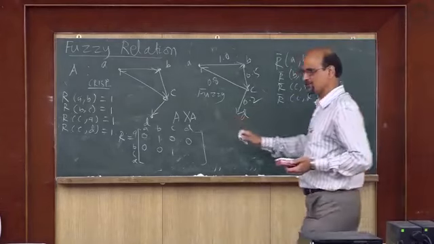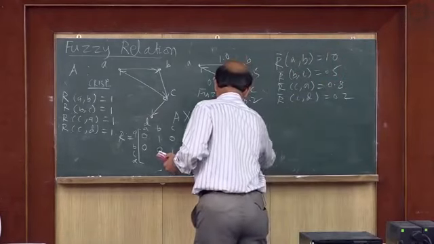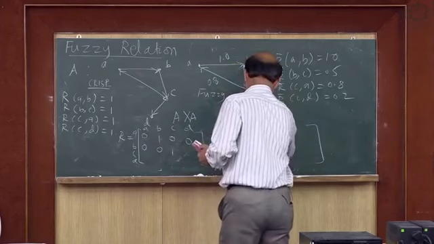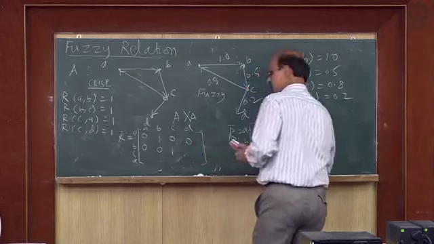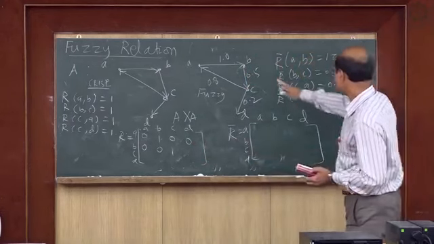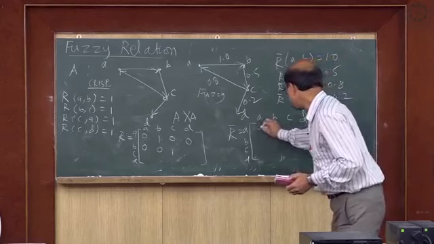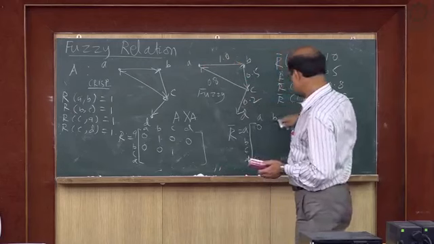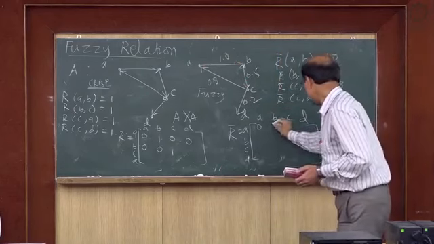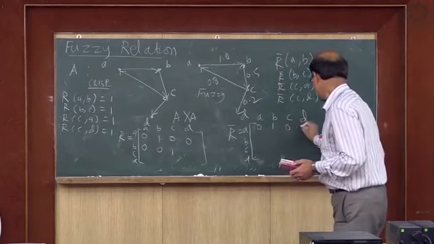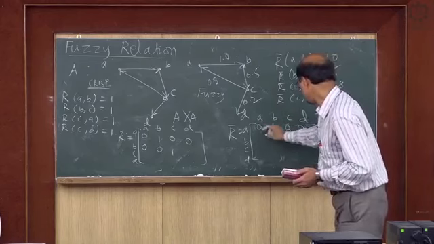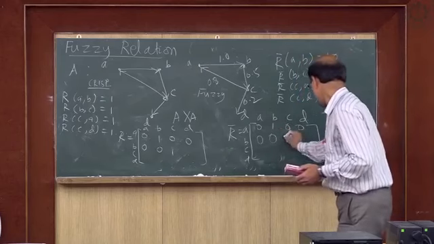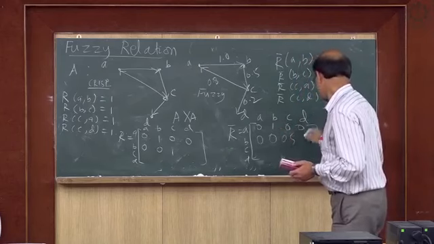Similarly, R bar will be A B C D, A B C D. A to A is 0, A to B is 1, A to C is 0, A to D is 0, and B to A is 0, B to B is 0, B to C 0.5, B to D 0.